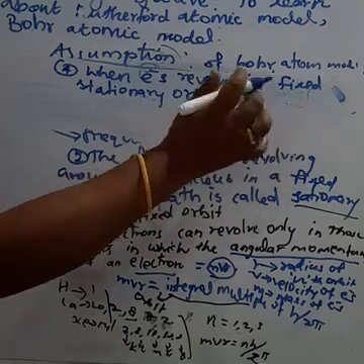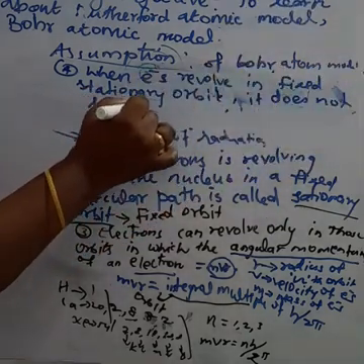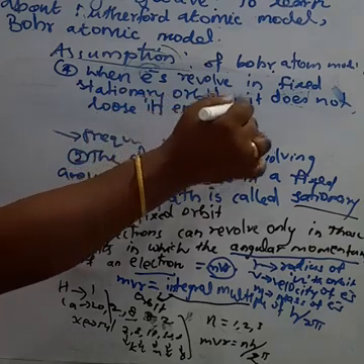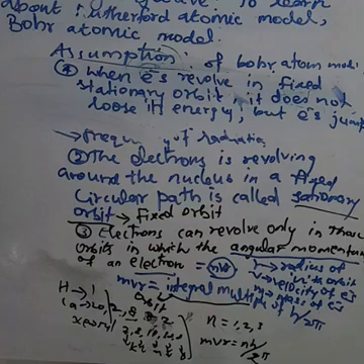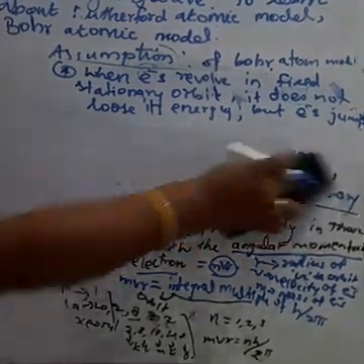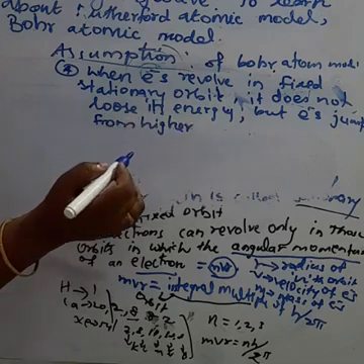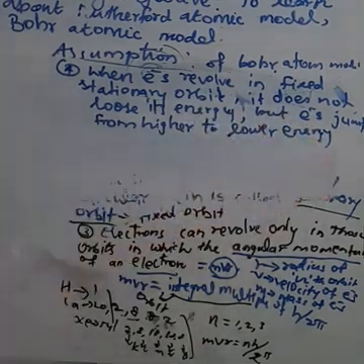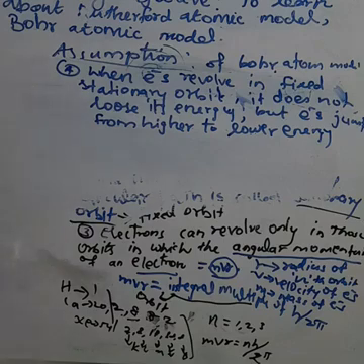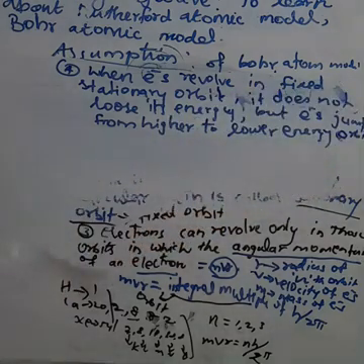But when an electron jumps from a higher energy state to a lower energy state, because it continuously loses energy, it can jump from higher energy to lower energy.